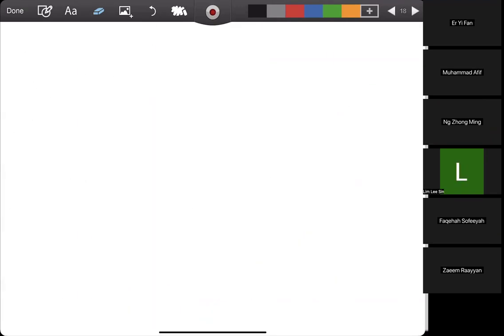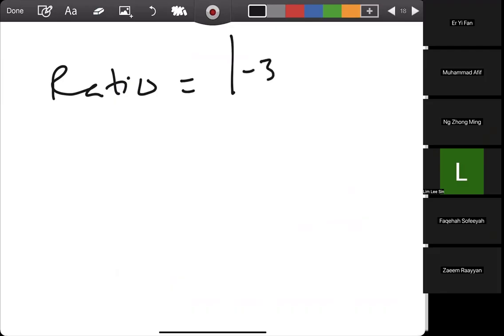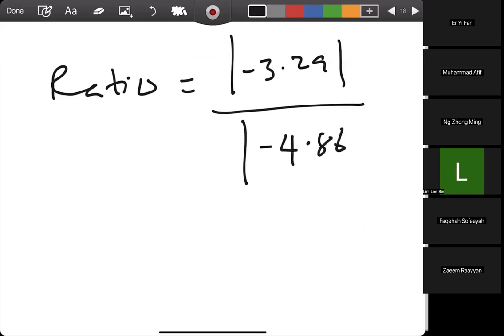So we find the ratio of the third pole, minus 3.29, divided by 4.86, the real part of the dominant pole.